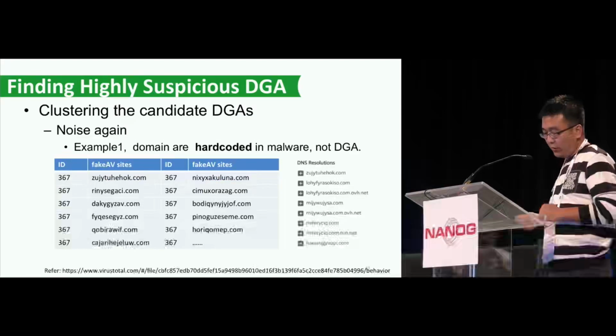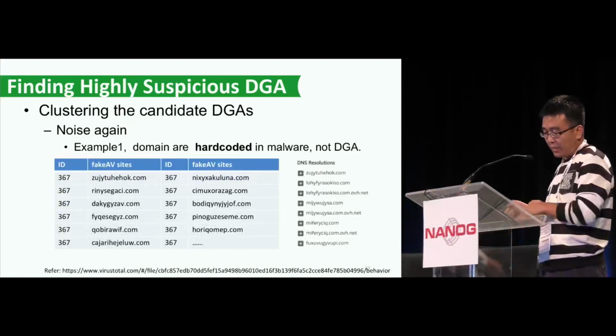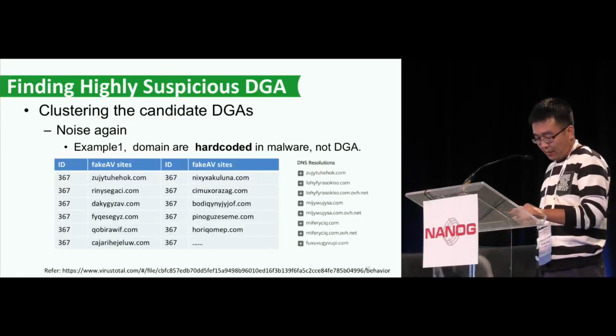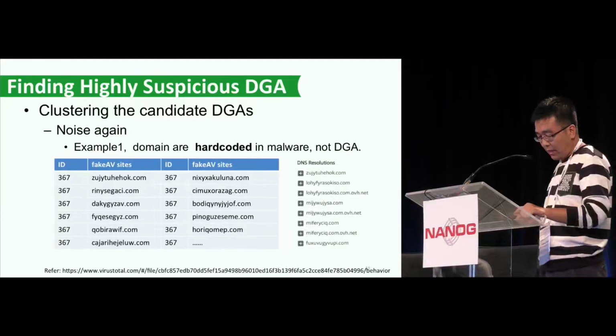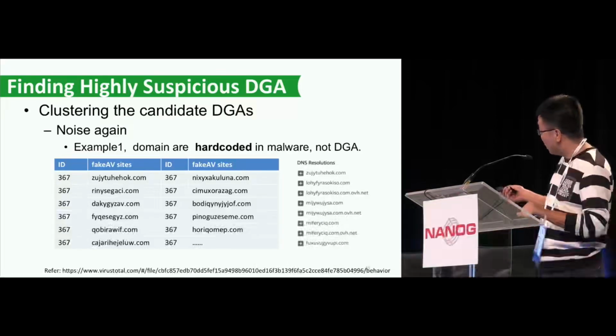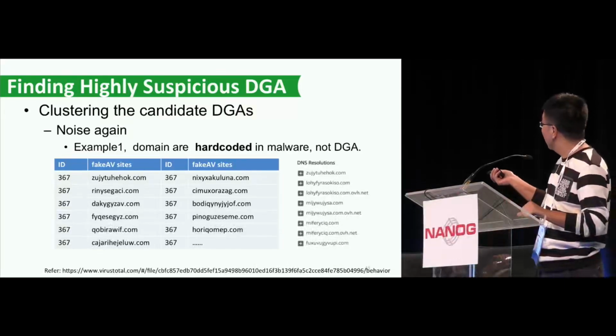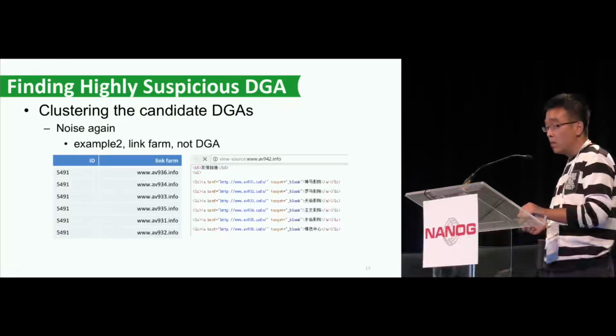That looks good now, but again, we are going to see noise. For example, this cluster, they really look like DGA, but all of them are actually hard-coded in this malware, so they are not DGA. You can find the malware sample through the VirusTotal link.